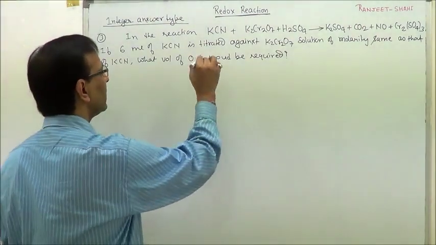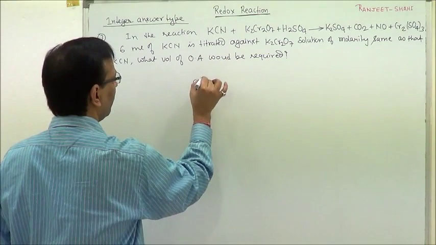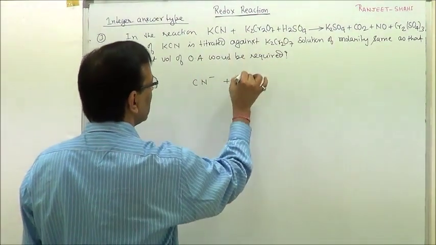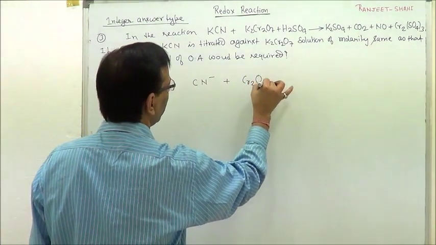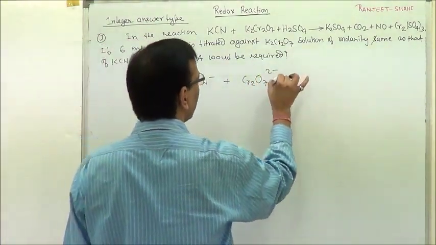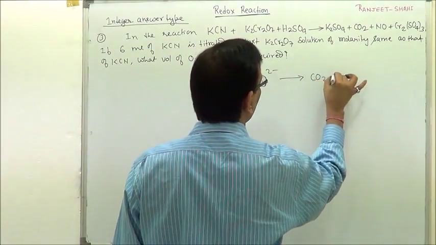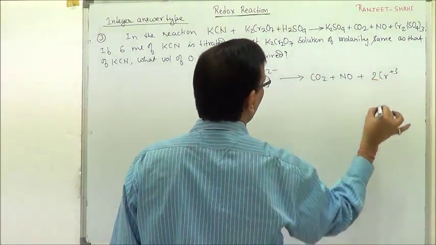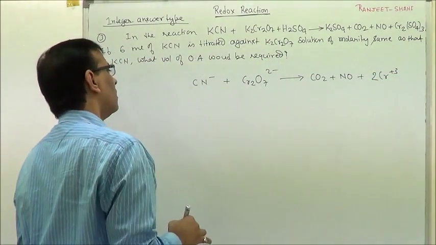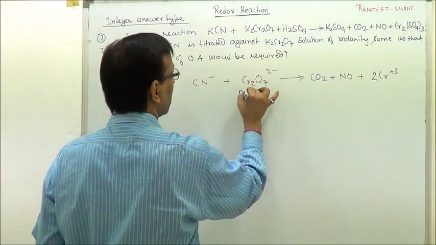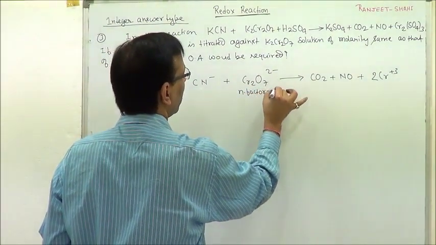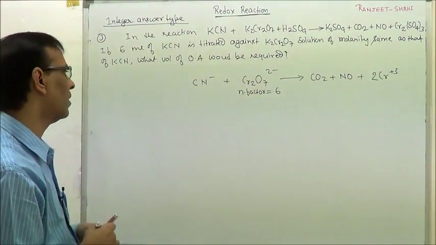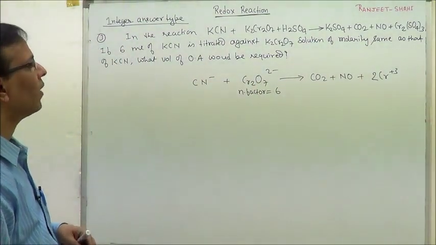If we write this reaction where the change is occurring, cyanide and Cr2O7 2- giving CO2 plus NO plus Cr 3+. The n factor for dichromate is known to us, as we are using it frequently. What about cyanide?